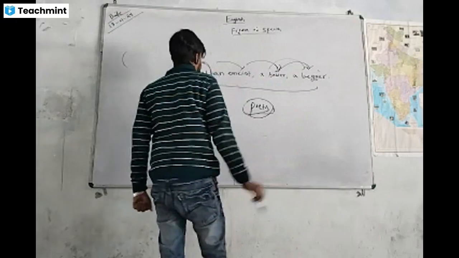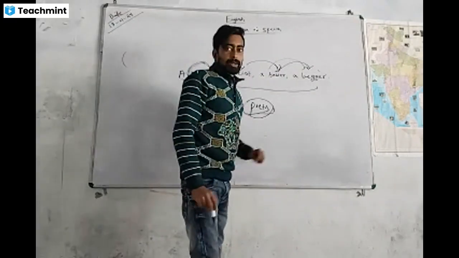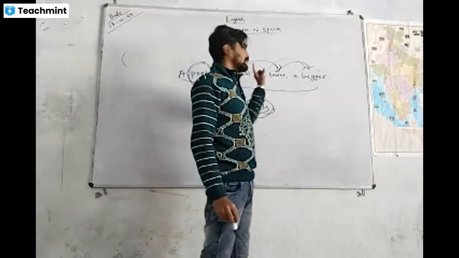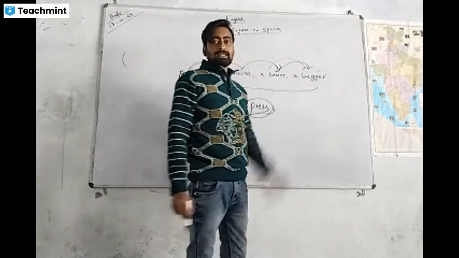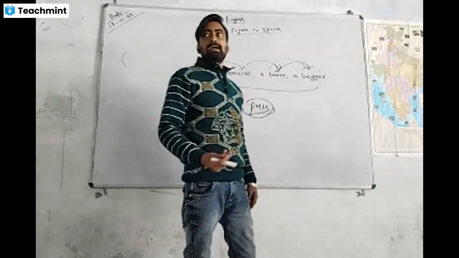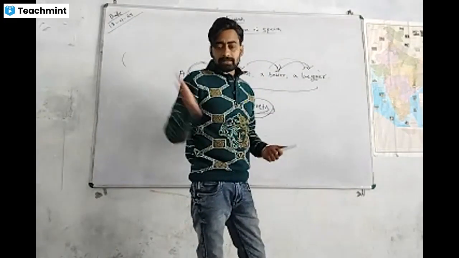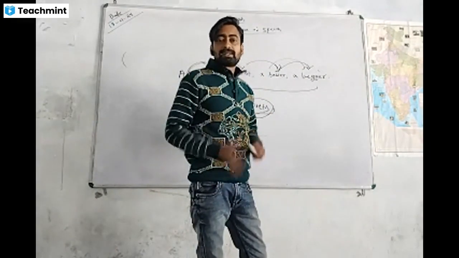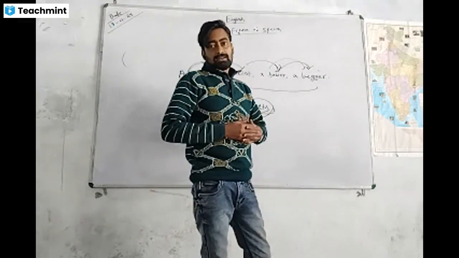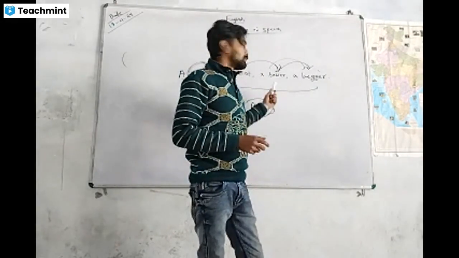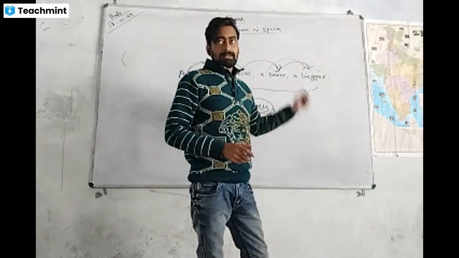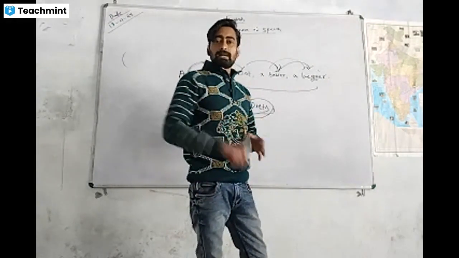Suppose a person is a poet, then he transforms into an essayist, then a sailor, and at last he transforms into a beggar. Matlab he lived his life by begging. So you can find out how much decrease actually arose in his life. So it is called anticlimax. Is it clear? Just totally opposite of the climax.